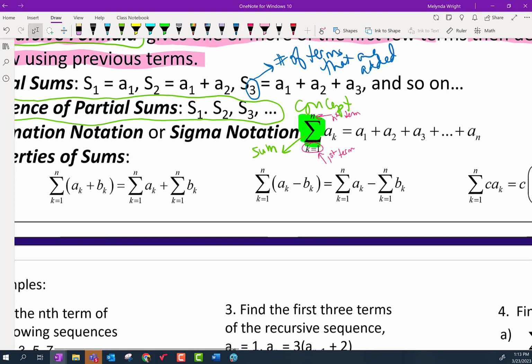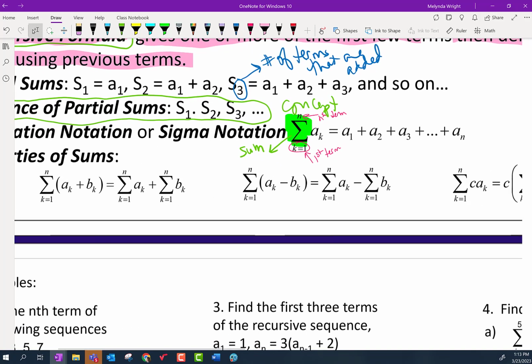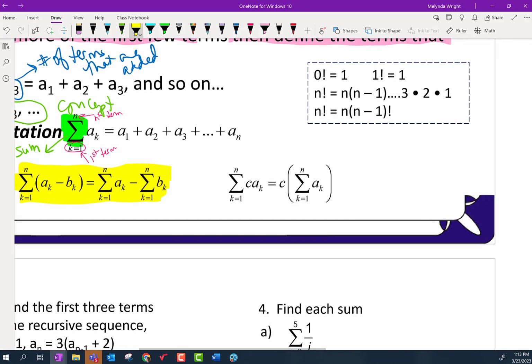Now, these properties, this is just kind of good to know. We really aren't going to be working very much with adding these sigma notations together. It's just for your information, just kind of FYI. So we could split that up into 2 being added. We could split this one up into doing them separately and subtracting them, and C, which is a constant.